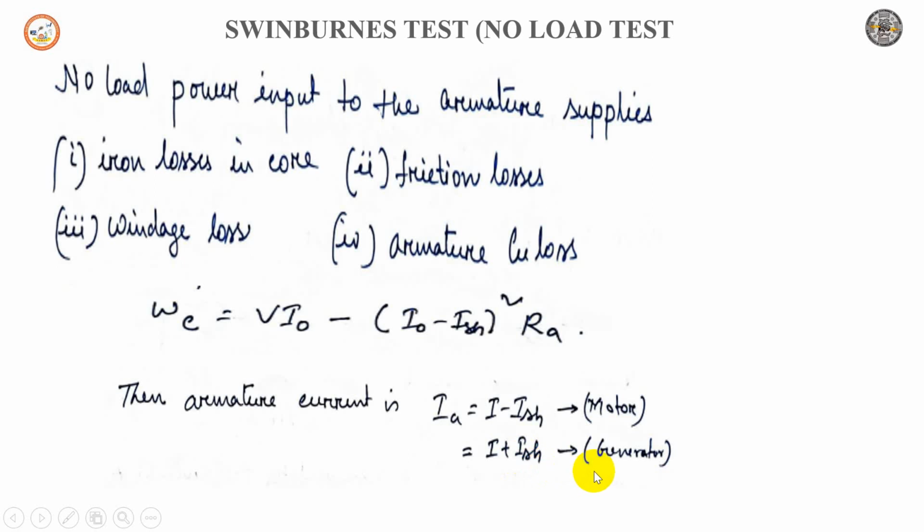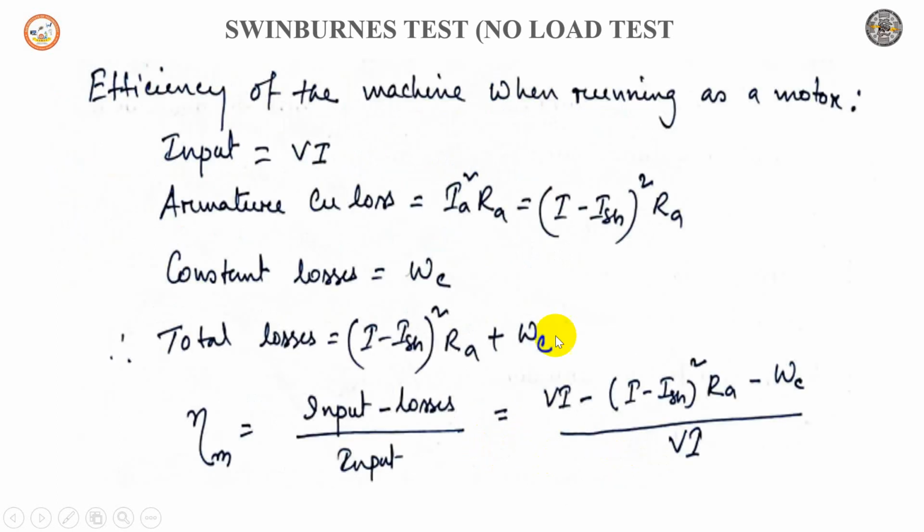So, by conducting the Swinburne test at no load, we can calculate the efficiency of a machine as a generator and as a motor. When we need to calculate the efficiency of a motor and generator, we need to know the armature current Ia with respect to the load current: I minus ISH for a motor, and for a generator it is I plus ISH.